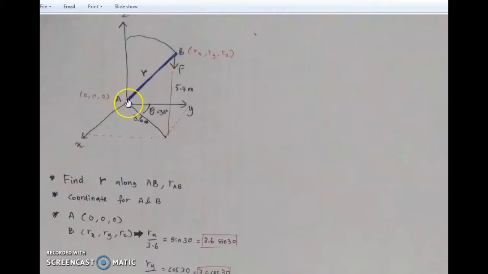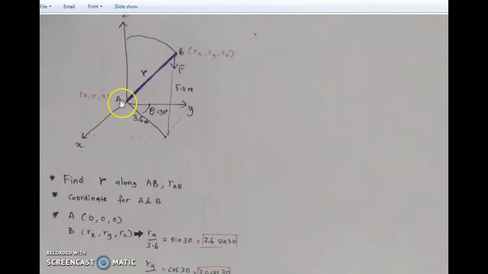Like before, with the same method when you do the position vector, we want to find R, so you need to know the coordinate of A and the coordinate of B. Coordinate of A is simply 0, 0, 0 because it is at the origin. So your task is to find the coordinate for B. To find the coordinate of B, you need to find the coordinate for Rx.